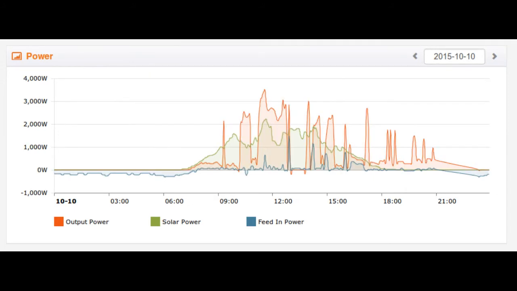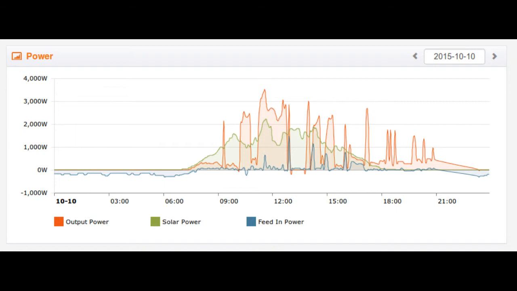I wanted to show this graph because this is a day where you've got a general bright day, but lots of cloud coming and going over the course of the day. So you can see that we got a lot of red spikes, a general level of green, which is from the solar panels, but never really more than about 2,000 watts.